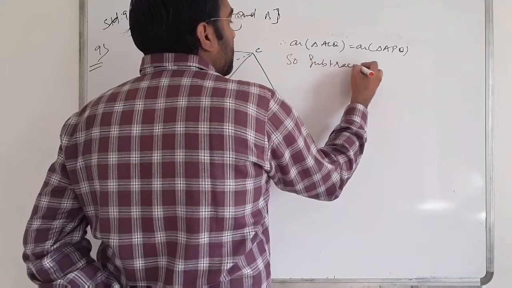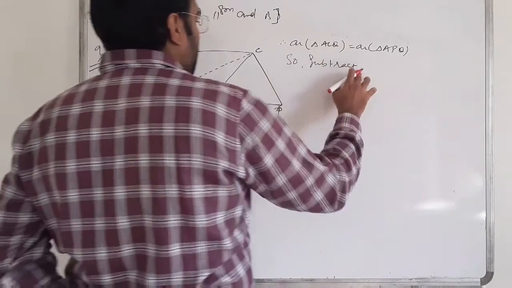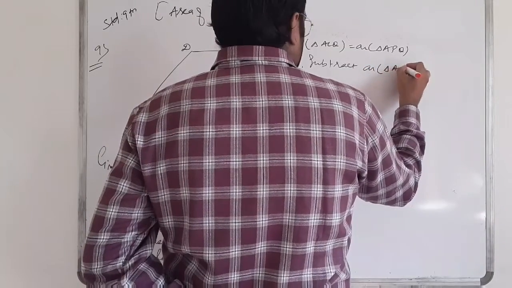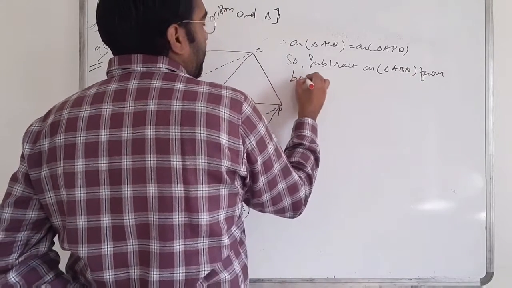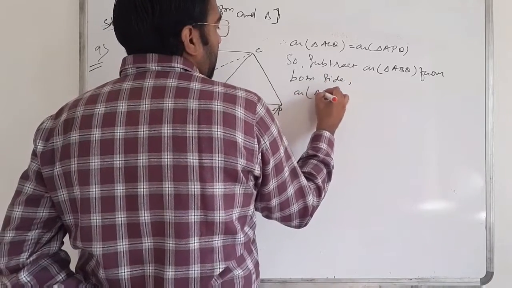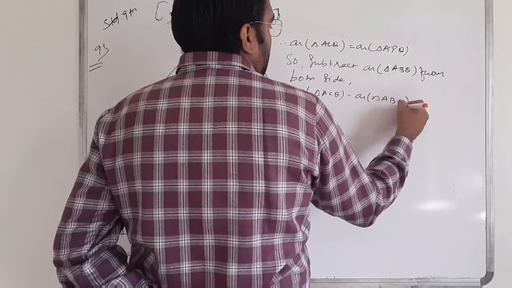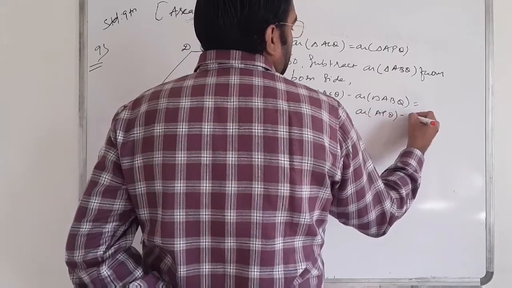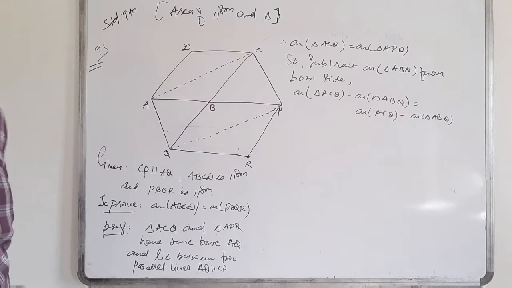Subtract area of triangle ABQ from both sides. So we have area of triangle ACQ minus area of triangle ABQ is equal to area of triangle APQ minus area of triangle ABQ. Clear that?